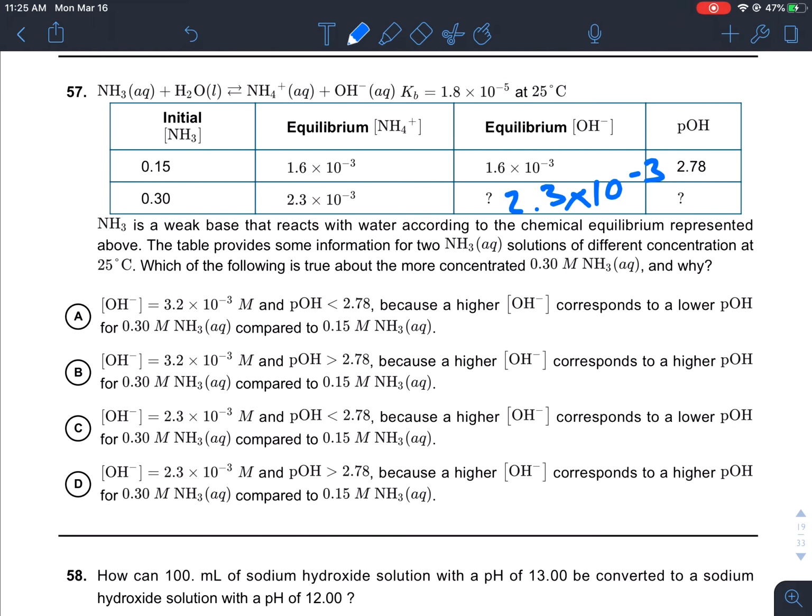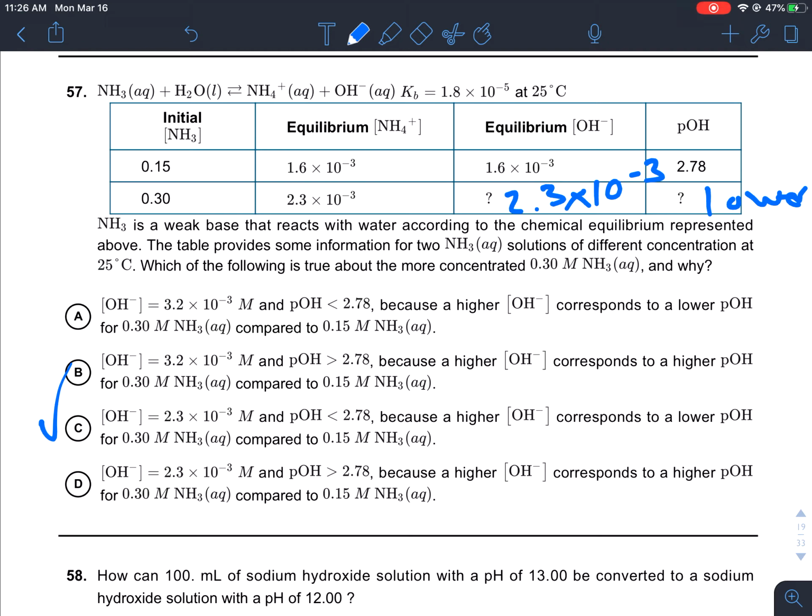If you have more OH minus, then your pOH should be lower than 2.78, because you are becoming more basic, meaning you have a lower pOH. The correct answer is C.